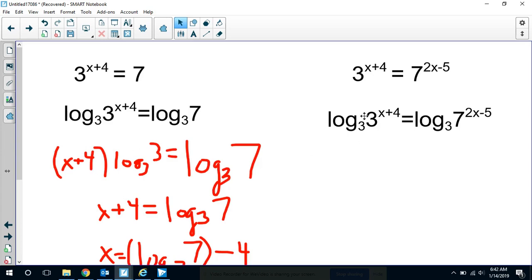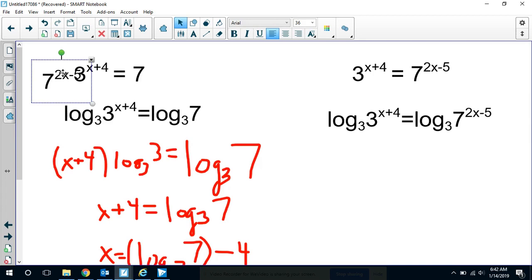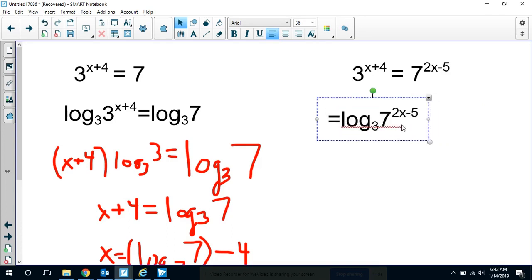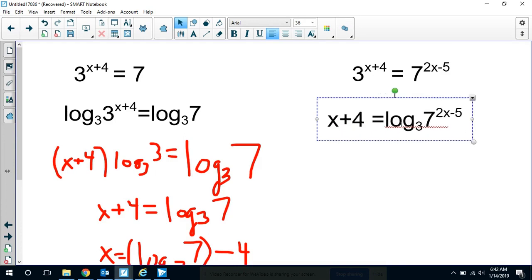We know from the previous problem that the left side of this ends up being x plus 4. And then the right side of this is log base 3 of 7 to the 2x minus 5. This ends up being a lot harder problem than the previous problem.